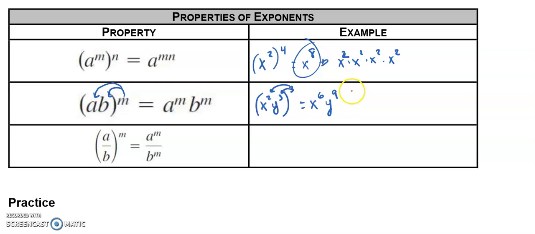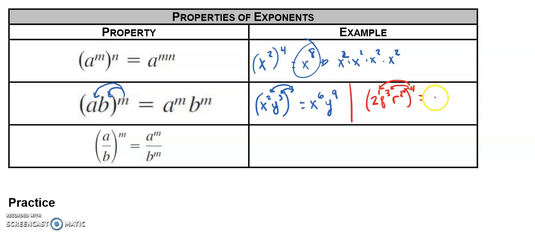Here's another example. Coefficients always get forgotten. So if we have like 2 q to the 3rd, r to the 2nd, and that's being raised to the 4th power. Remember, this 2, even though we don't write it, really has an exponent of 1. So I need to distribute to all 3 of those.